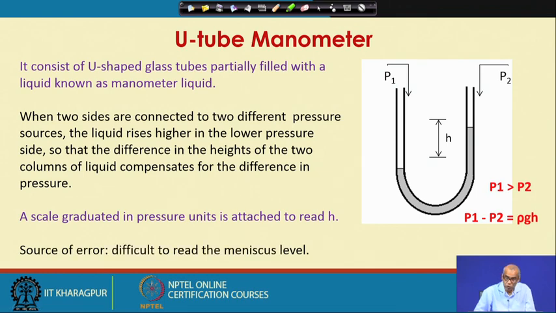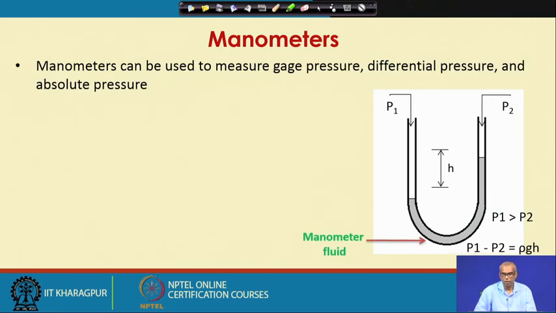It may be difficult to read the meniscus level of mercury. So, that may bring in some error in the measurement. Manometer can be used to measure gauge pressure, differential pressure as well as absolute pressure.